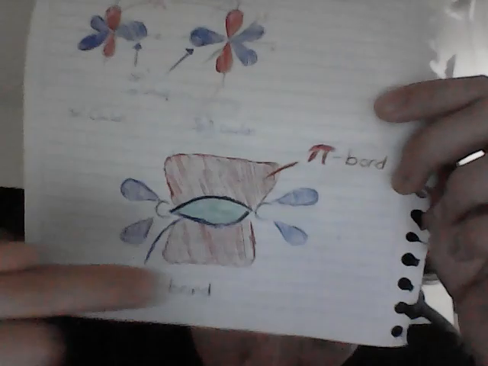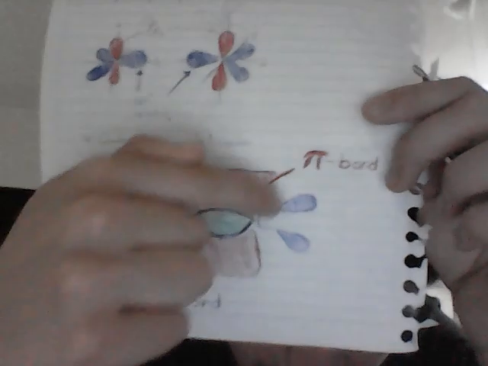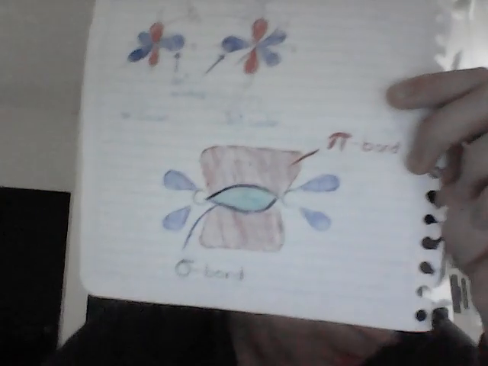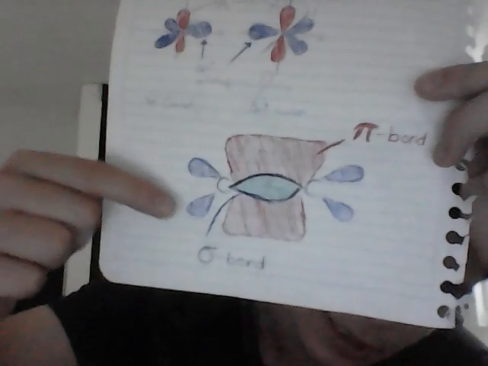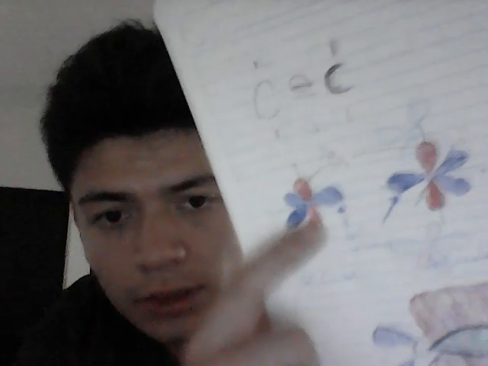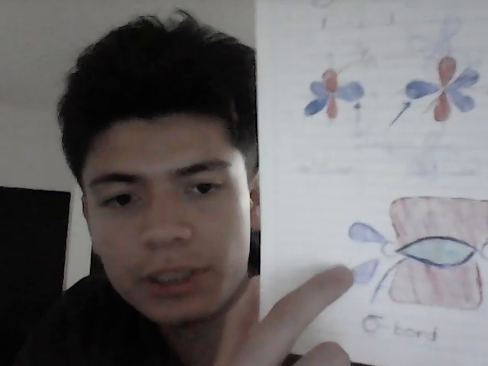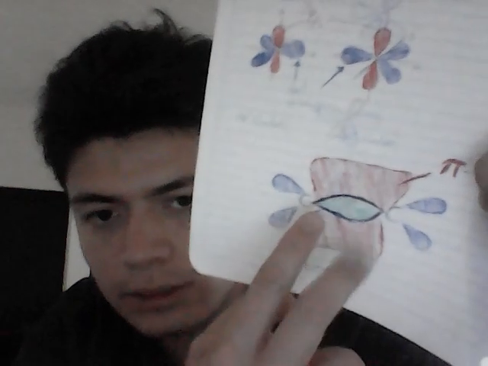So right here we will have the sigma bond, and these areas will be the pi bonds, and this will be the other sp2. As we have right here 3, it will be 1s, 2p, so sp2, and these 2 sp2 form the sigma bond.